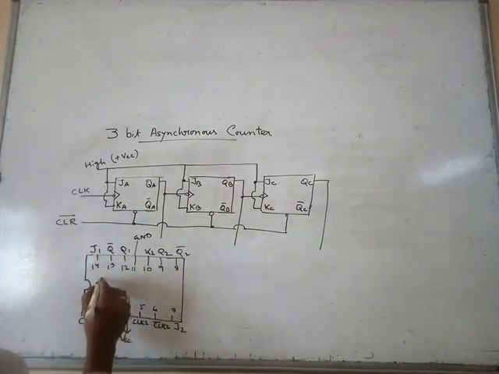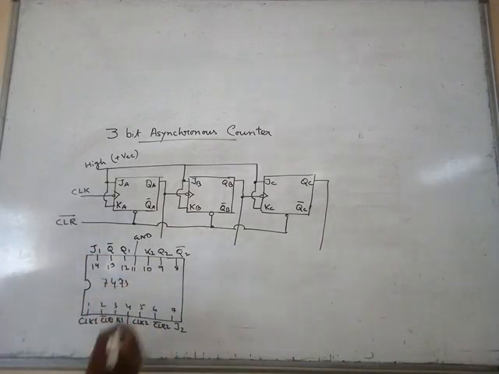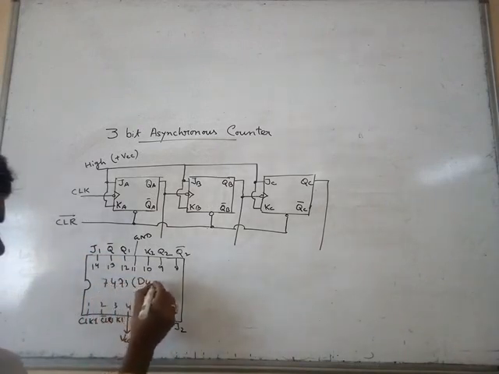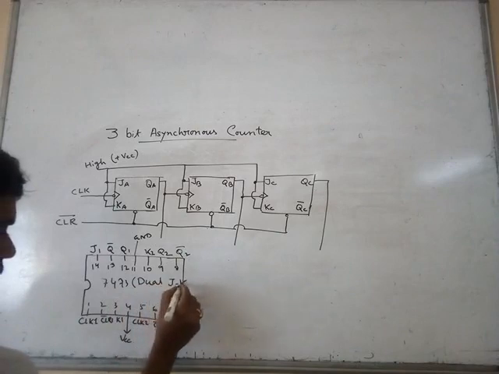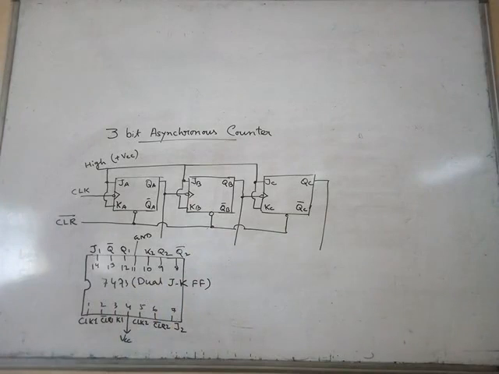So this is the 7473 IC. It is called dual JK flip-flop. So in this IC there are two JK flip-flops.